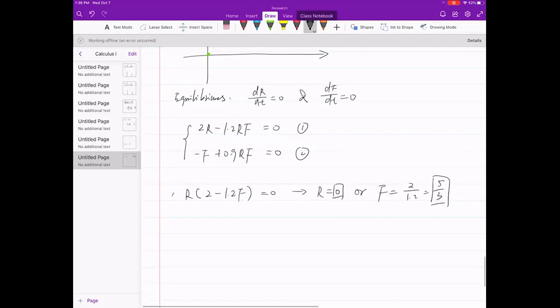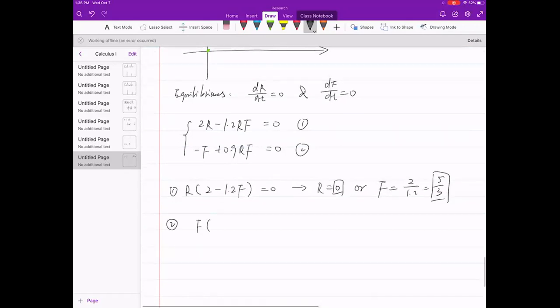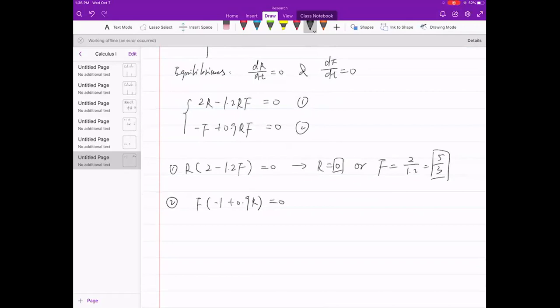Set the second one to be 0. What we have is f times negative 1 plus 0.9 r equals 0. This implies f equals 0, or r equals 1 over 0.9, which is 10 over 9.